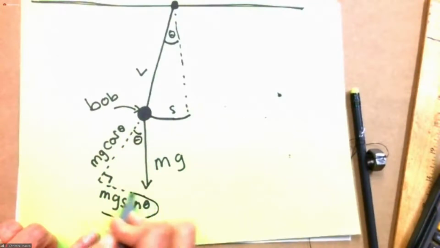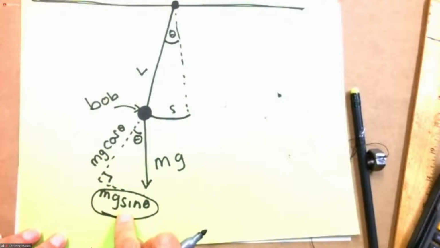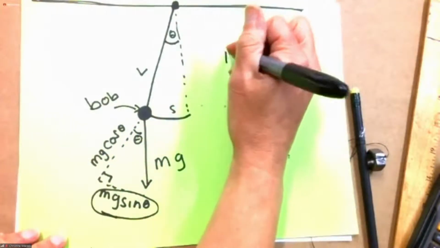This is the one I'm interested in because this is the one that's either restoring or righting this pendulum. It's trying to bring it back down around. So this is the force that's acting to move this pendulum along the arc.